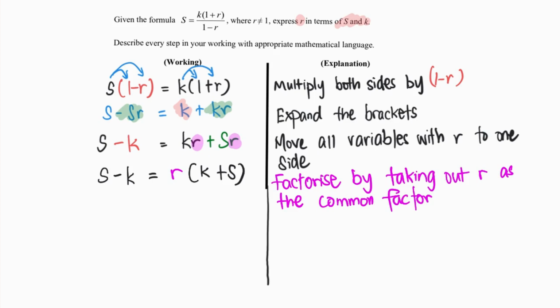And last but not least, you will see that I am going to divide both sides by K plus S such that I'm only left with R on one side.